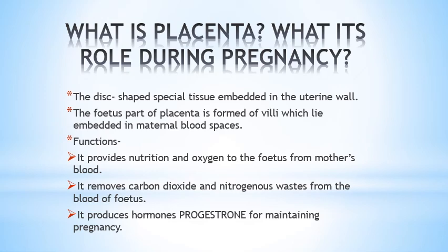Then we discussed the female reproductive system, and then the changes: if the egg gets fertilized then what will happen, and if the egg is not fertilized then what changes will be there. Along with that we discussed puberty, the various changes that take place in the girl and the boy during puberty, and then what the placenta is and its role during pregnancy.